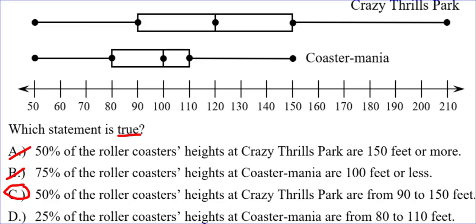All right, so let's check out that section of Coaster Mania. Coaster Mania, 80 to 110. That's two sections of 25%, which would be 50%. Choice D tries to say it's only 25%, so that is not correct. So yes, it was choice C that was correct.